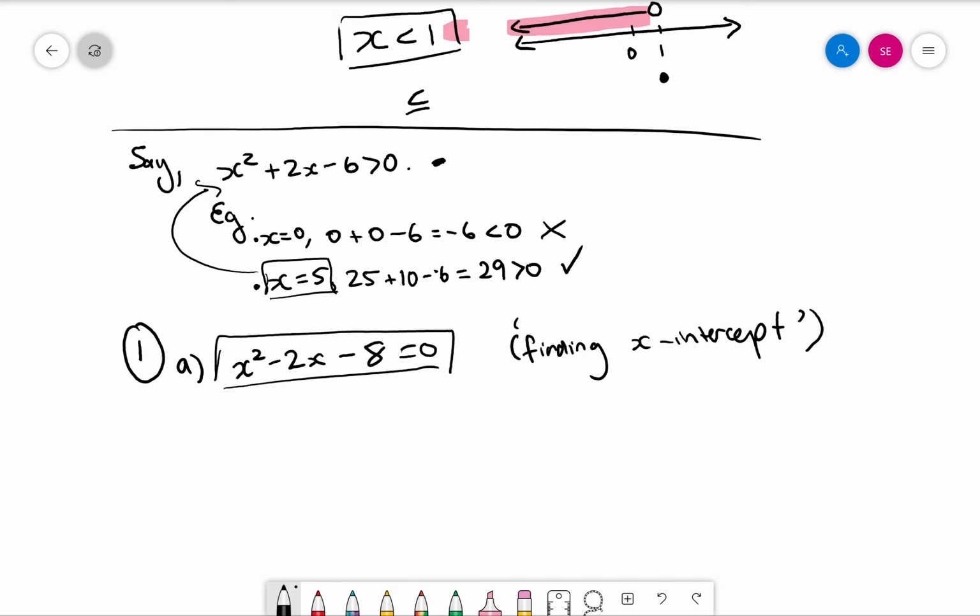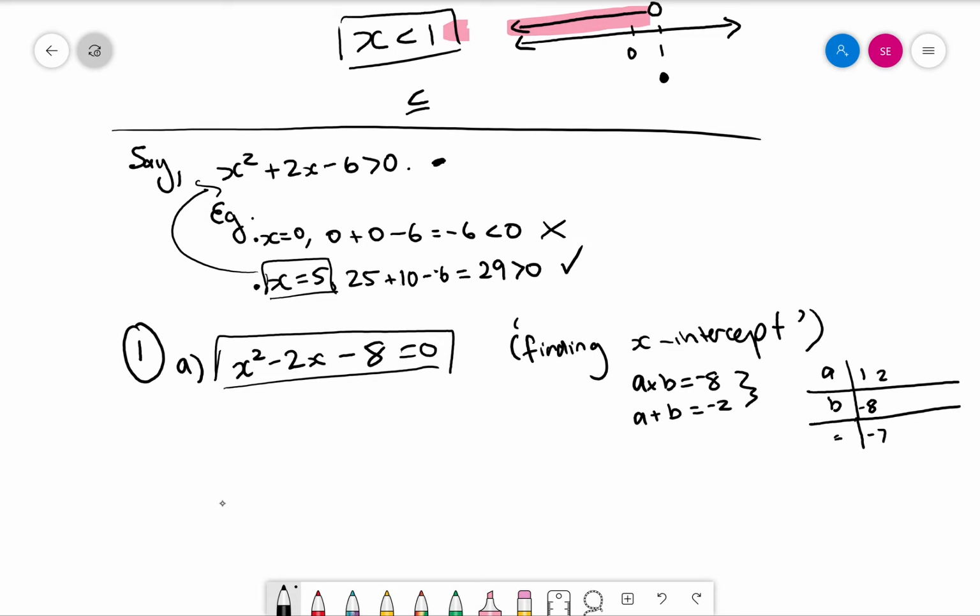So what we need to do is factorize. Again, we've been working through this. What we need is an a times b that is equal to minus 8, and an a plus b that is equal to minus 2. So let's look at the factors. Now 1 and minus 8 is a factor pair, but that'll equal minus 7.